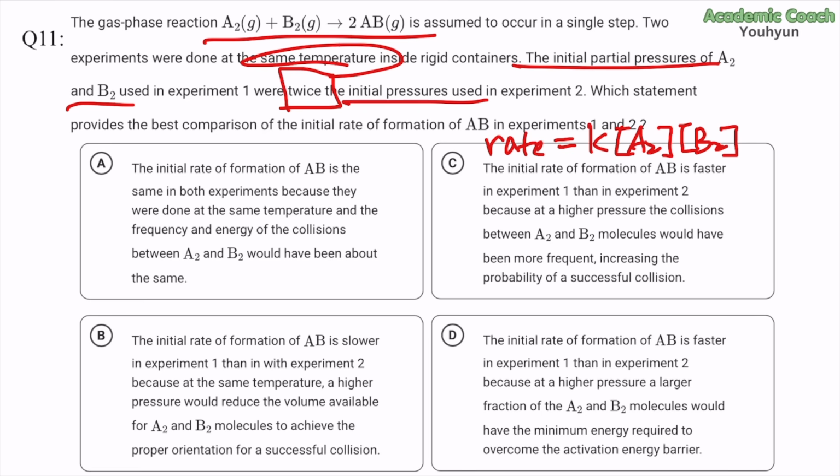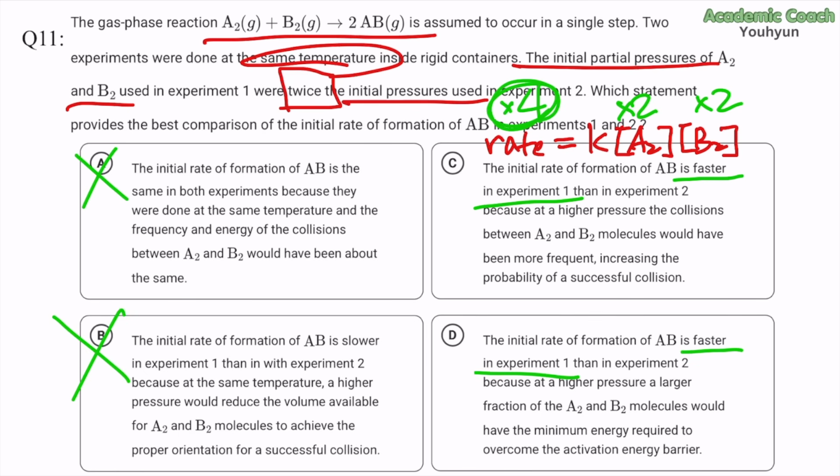So that means in experiment 1, each of the concentrations of A2 and B2 is doubled. That's going to result in a quadruple of the initial rate for experiment 1 compared to experiment 2. So the initial rate of formation of AB is faster in experiment 1. So either C or D.